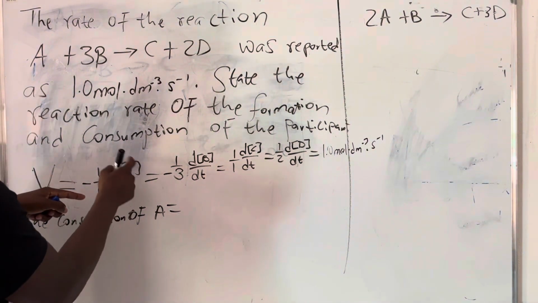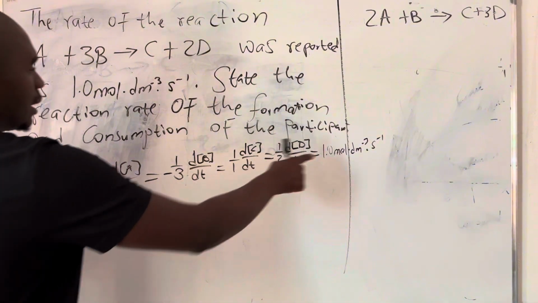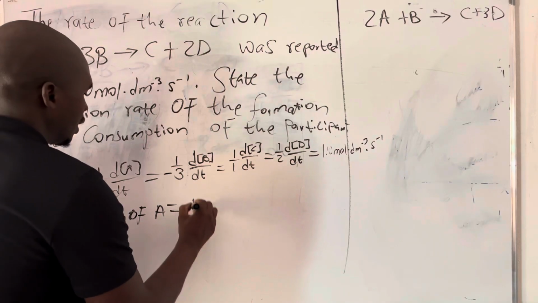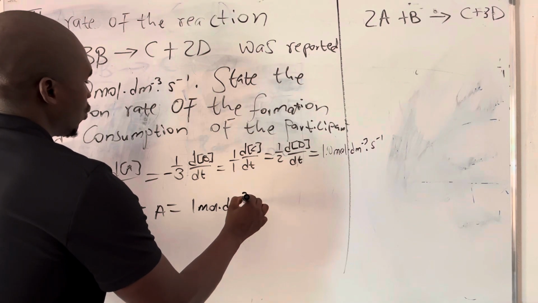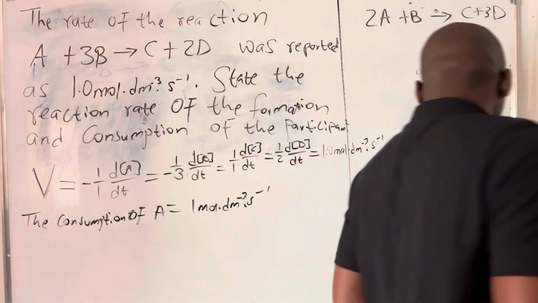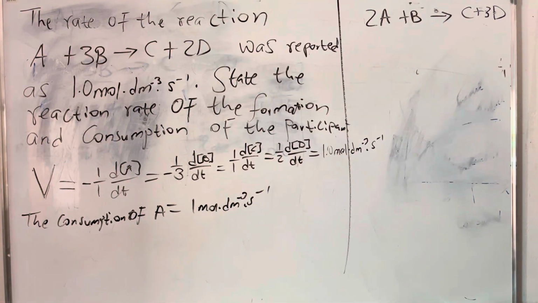If you check it out, we have only dA over dt being equal to 1. So this means it will be 1 mole per decimeter cube per second. So that one is the consumption of A.